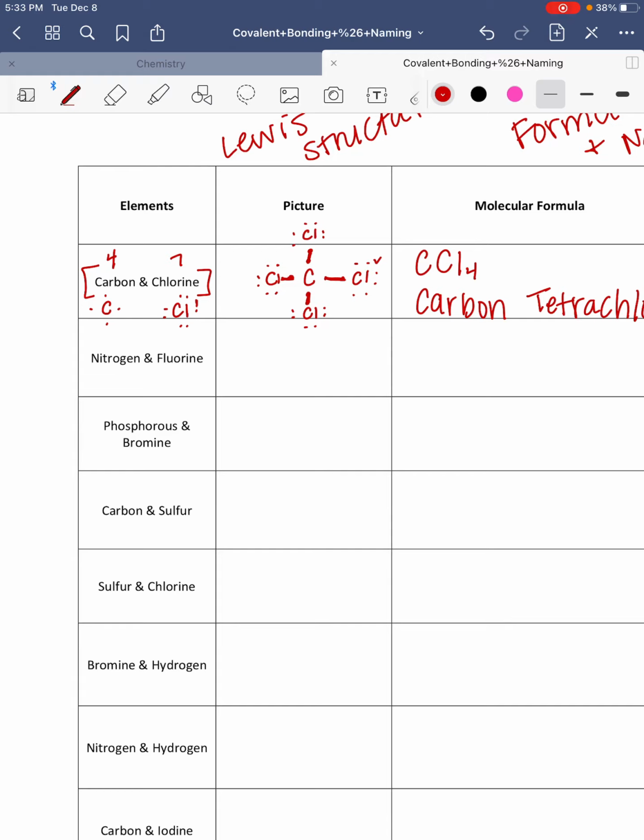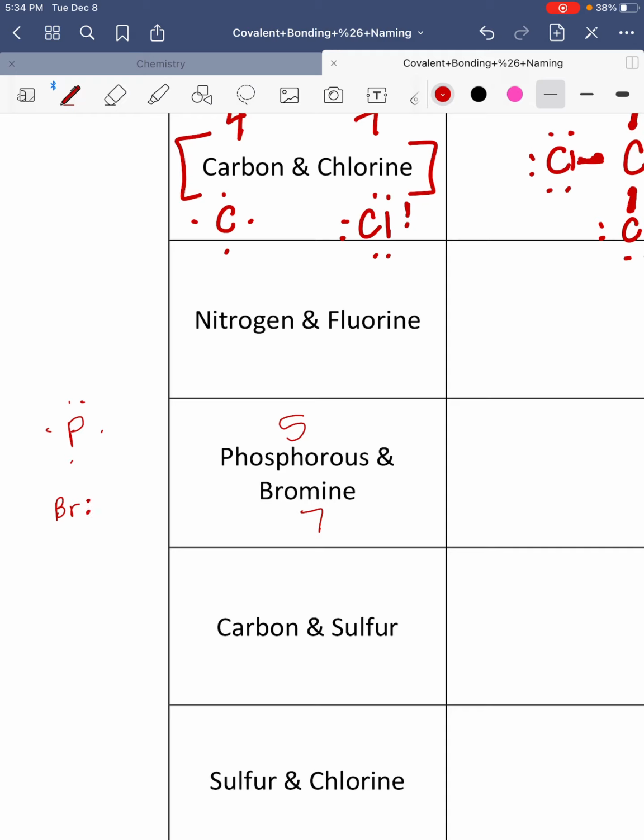Okay, so phosphorus has 5. And bromine has 7. Okay, so my Lewis structure for phosphorus is going to be P, 1, 2, 3, 4, 5. And then for bromine, which is Br, it's going to be 7. So 1, 2, 3, 4, 5, 6, 7.